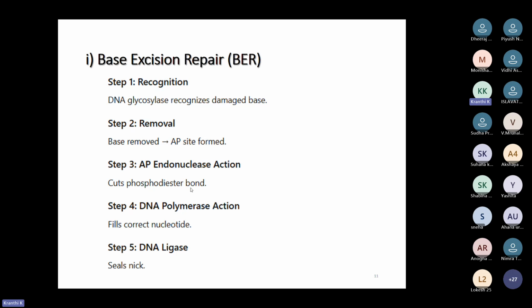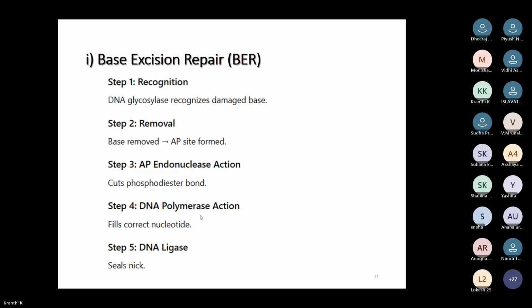Then an endonuclease cuts the phosphodiester bond, because we have to insert a new nitrogen base, and the nitrogen base is linked to the phosphate. Then DNA polymerase action happens, fills in the correct nucleotide, then ligase seals the nick. So this is base excision repair.